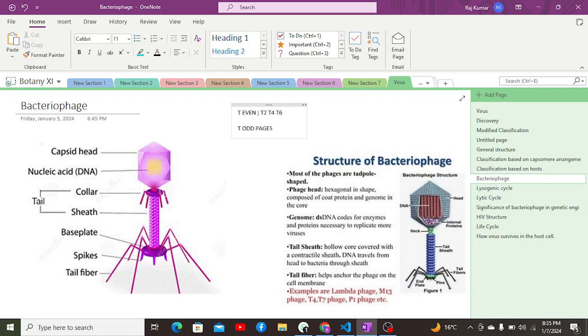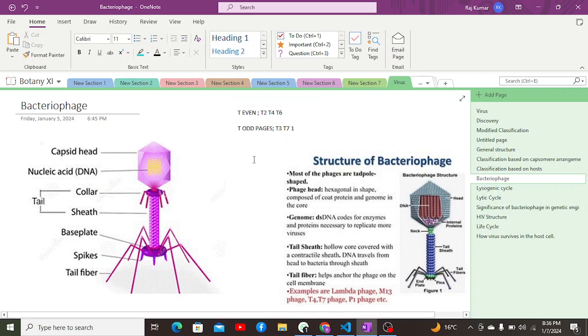Here we have T-even phages and T-odd phages. T-even phages are T2, T4, T6, and T-odd phages include T3, T7, and T1.